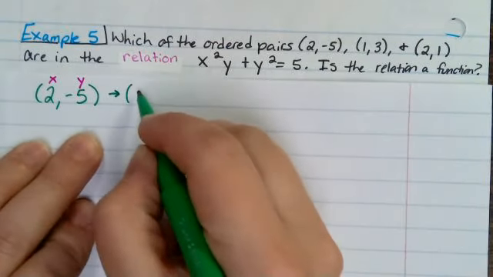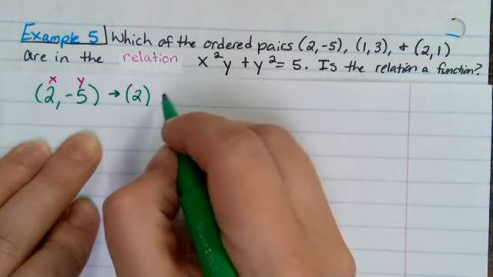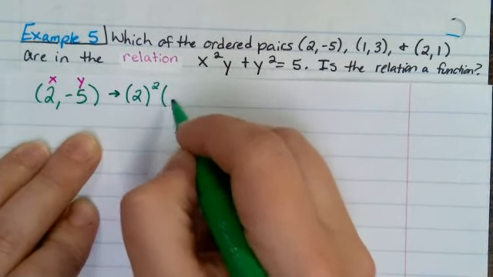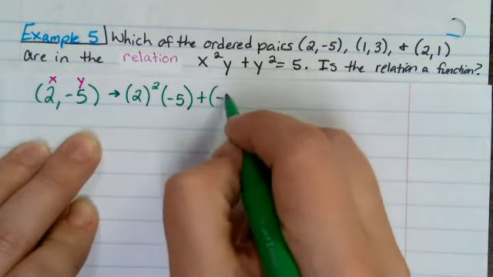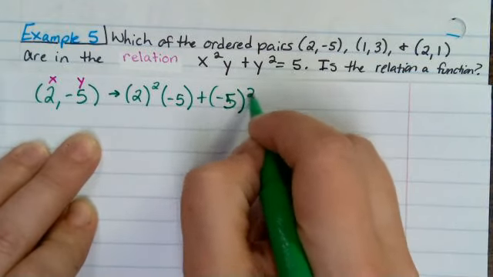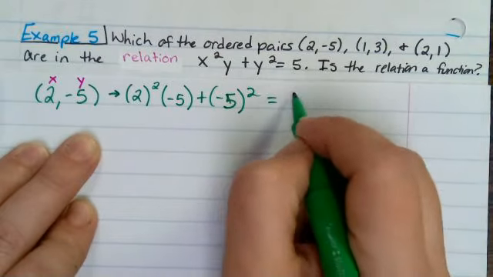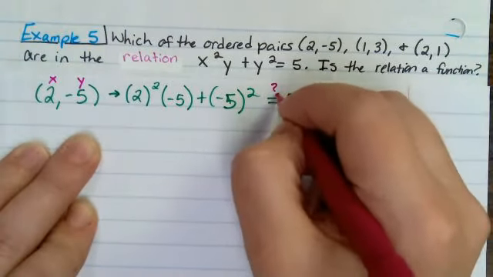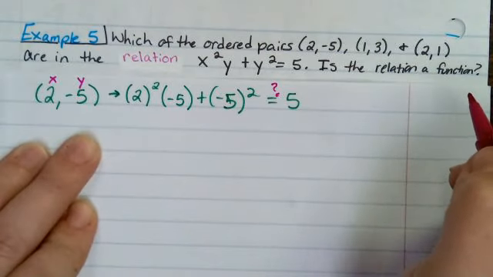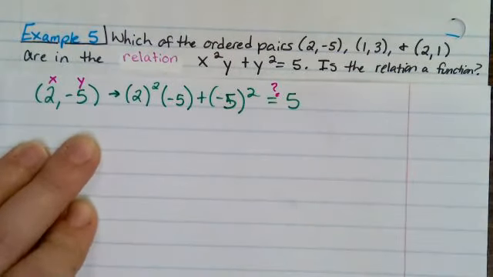So I would have 2, the X value, squared, times the Y value, -5, plus this Y value of -5 squared. And what we're going to ask ourselves is, does this equal 5? Okay, so you're going to work through this.